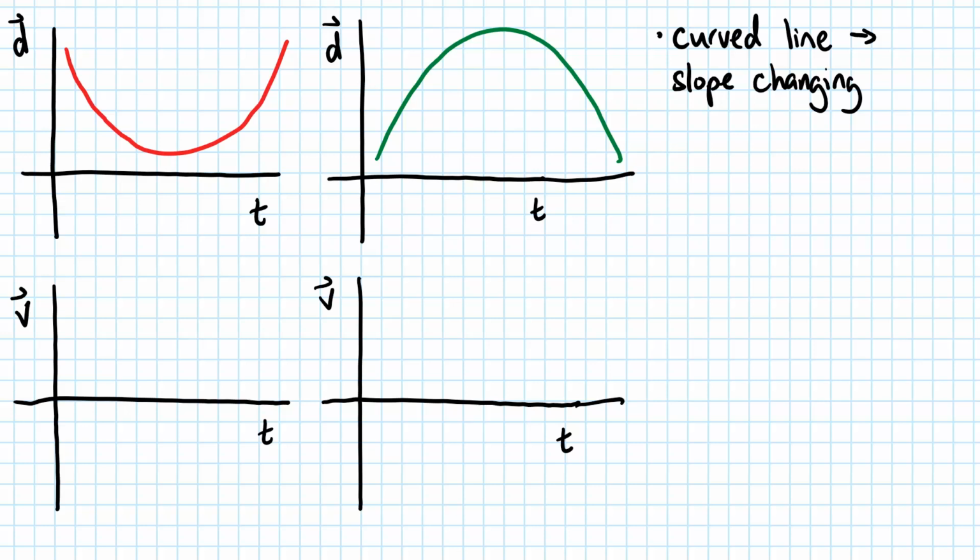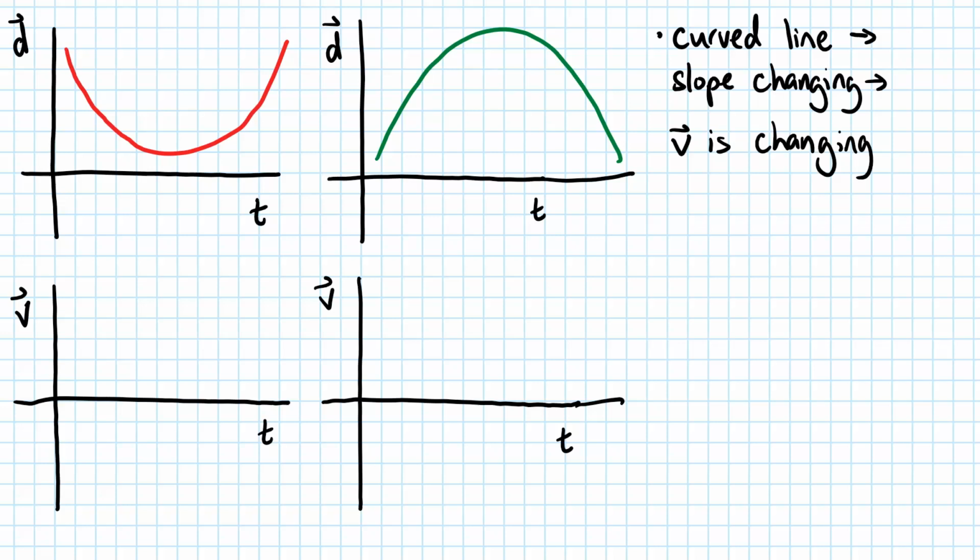If your slope is changing, that means in the position time graph that your velocity is changing. So if the slope of a position time graph is velocity and your slope is changing, that means your velocity must be changing.